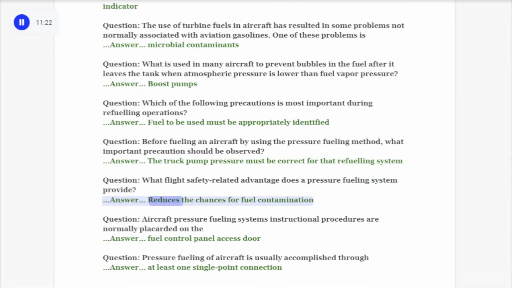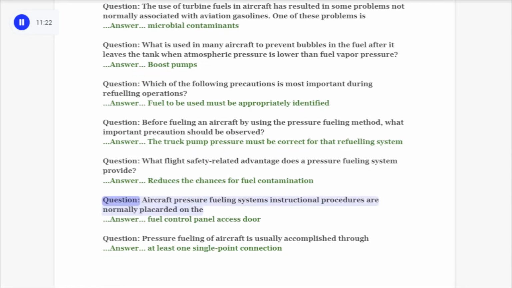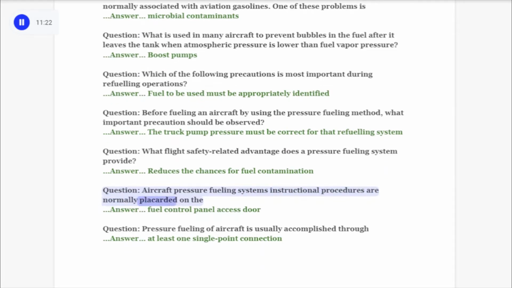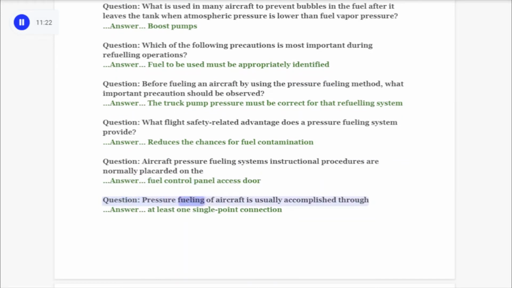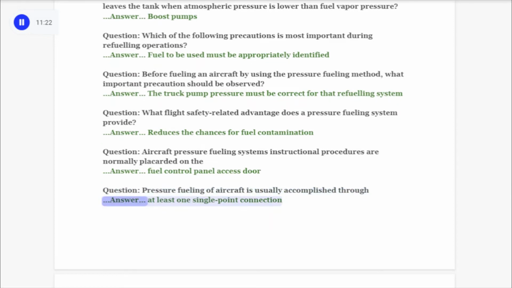Answer: reduces the chances for fuel contamination. Question: aircraft pressure fueling systems instructional procedures are normally placarded on the. Answer: fuel control panel access door. Question: pressure fueling of aircraft is usually accomplished through. Answer: at least one single point connection.